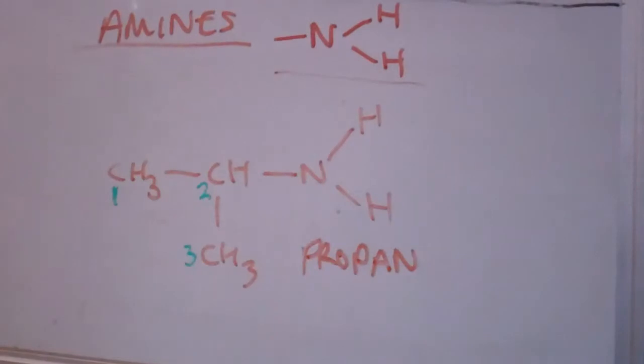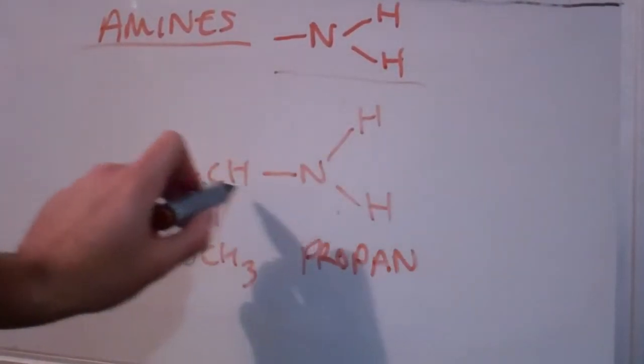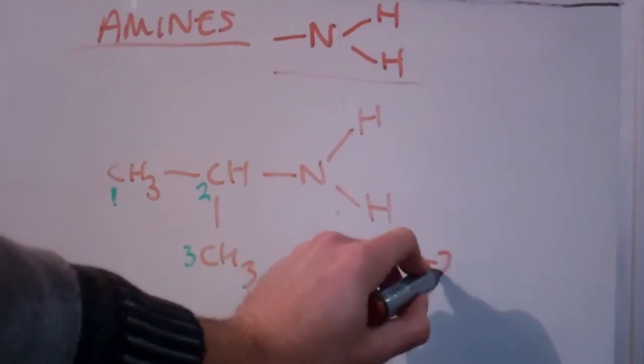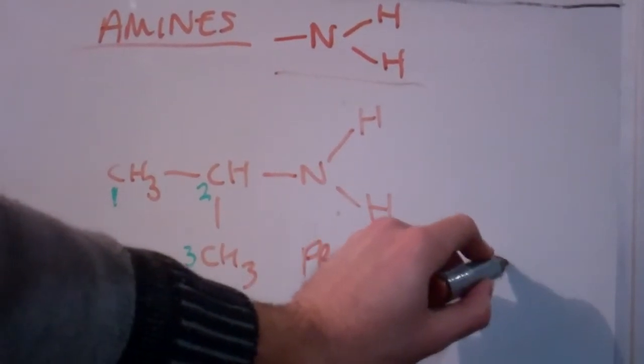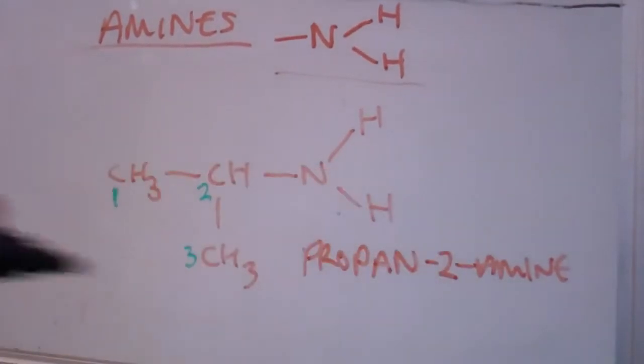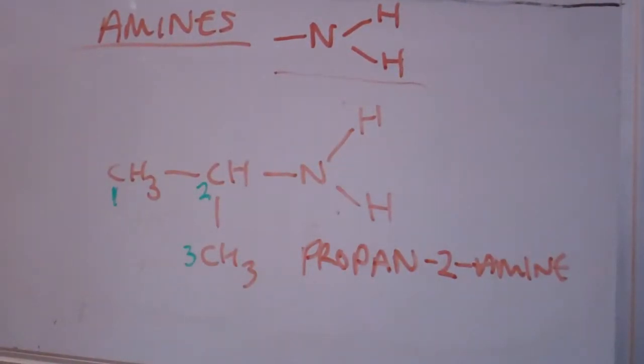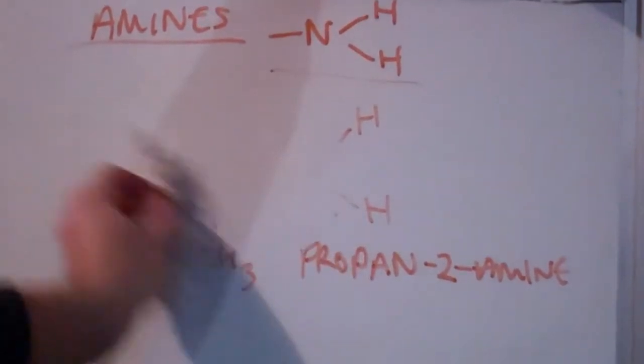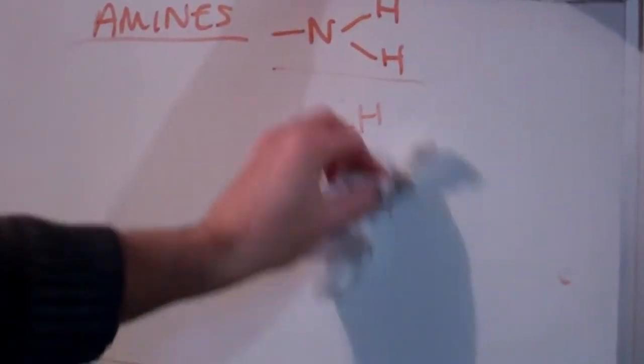Right. Our amine functional group is bonded to the second carbon, so 2, and then amine. So you're looking at propan-2-amine. This one, okay? So all the standard naming rules apply. Let's look at something slightly different.